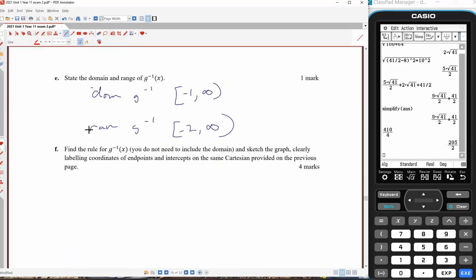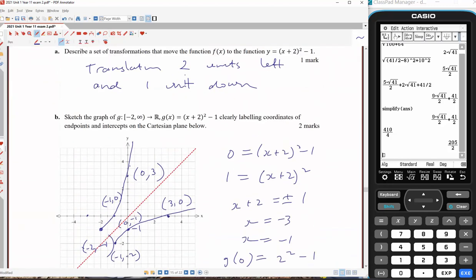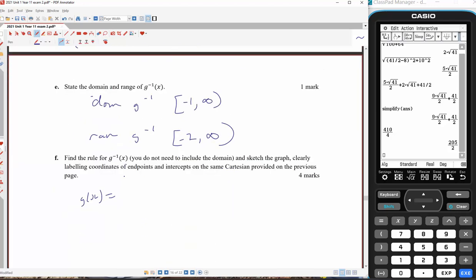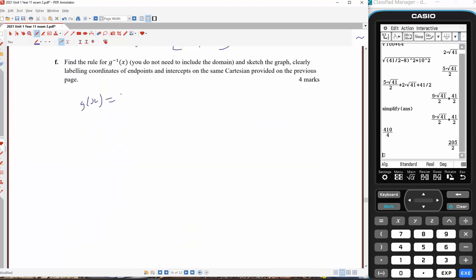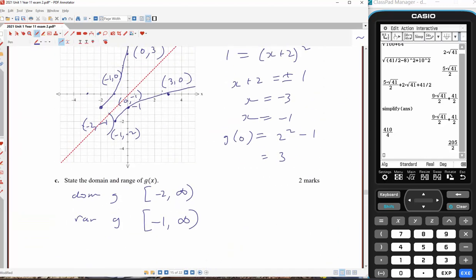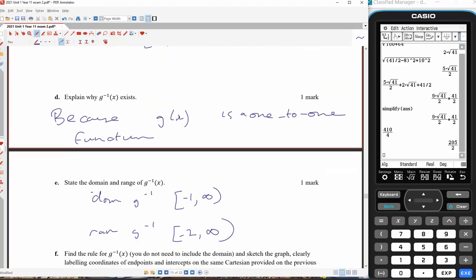Okay, so find the rule. So let's just write the rule for g of x is equal to x plus 2 all squared, take 1. Oh, I forgot that already. x plus 2 all squared, take 1.